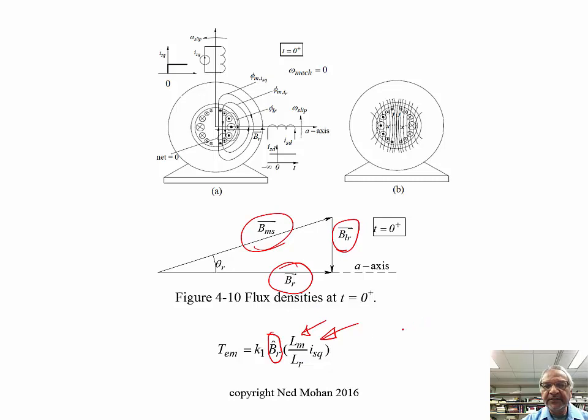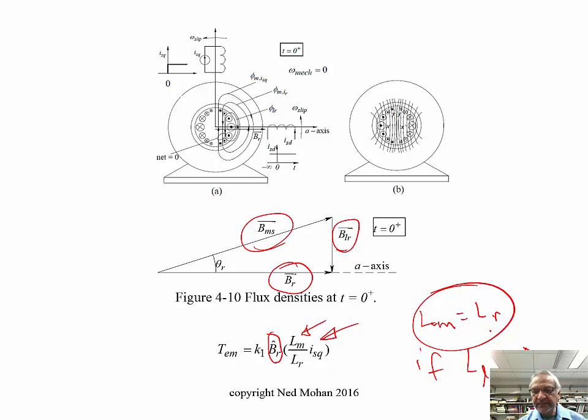Because if there was no leakage, then Lm would be equal to Lr, right? If L sub leakage is 0.